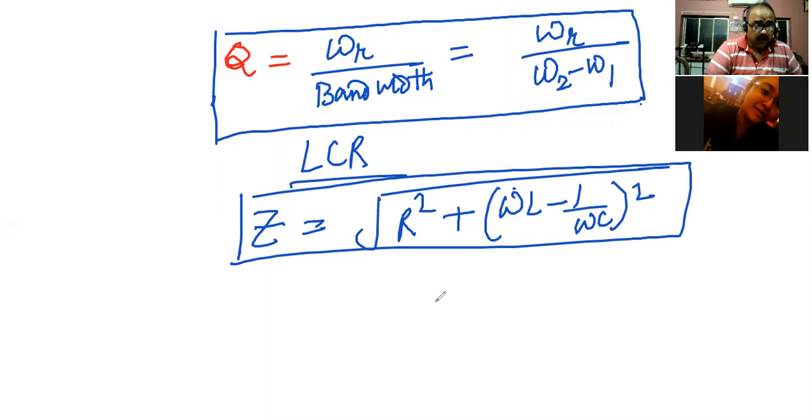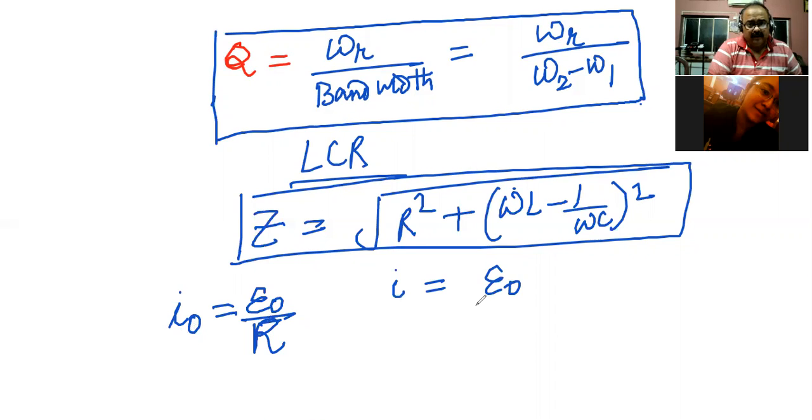Now here, one important thing I would like to tell: we know that I naught is equal to E naught by R, that is the maximum current. So I is equal to E naught by Z. Now what is the condition of I we are working on? We are working on the condition when I is equal to I naught upon root 2.